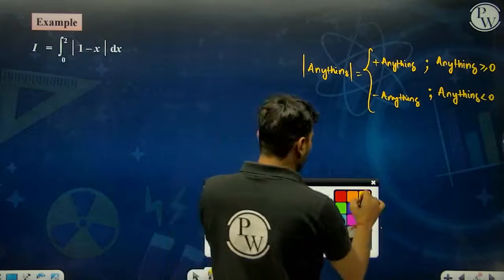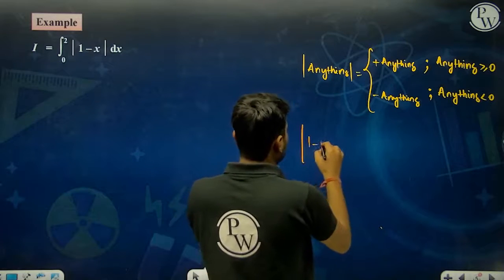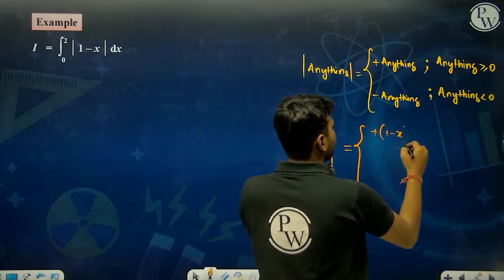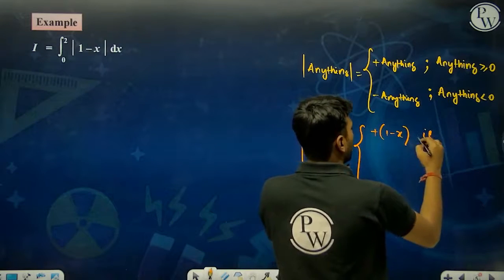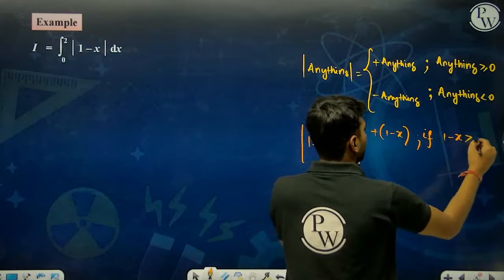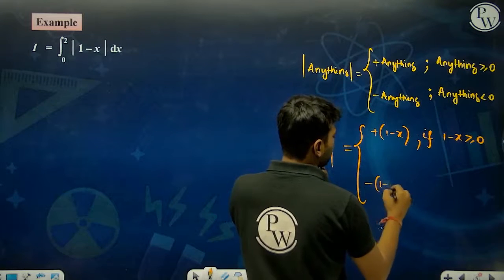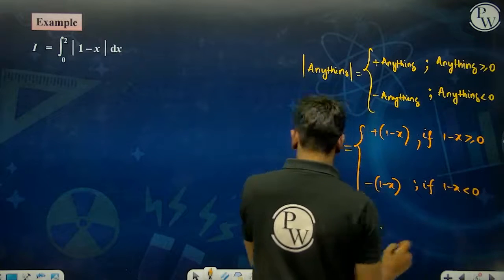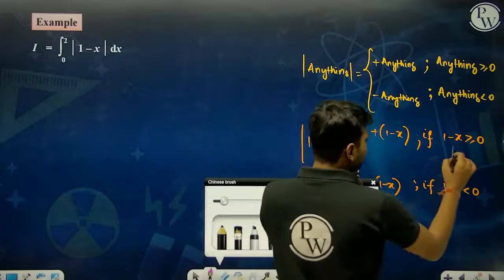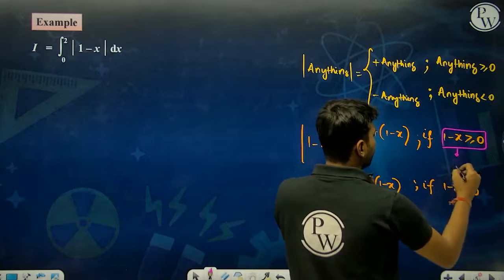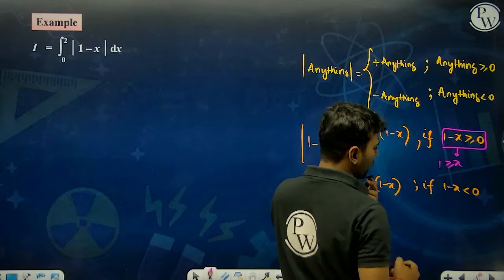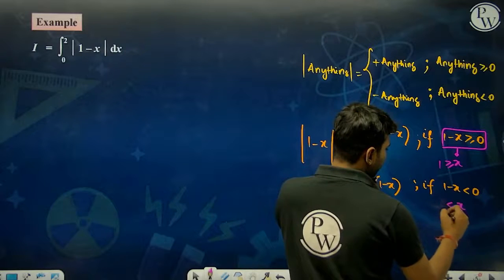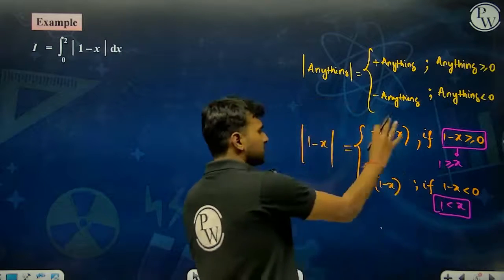As we can see over here, mod of 1 minus x is there. We can write it as plus 1 minus x if 1 minus x is greater than or equal to 0, and as minus times 1 minus x if 1 minus x is less than 0. The moment you simplify this, you will see that whenever x is less than or equal to 1, you write it like this, and whenever x is greater than 1, you write the modulus like this.